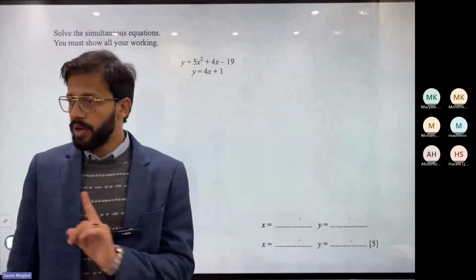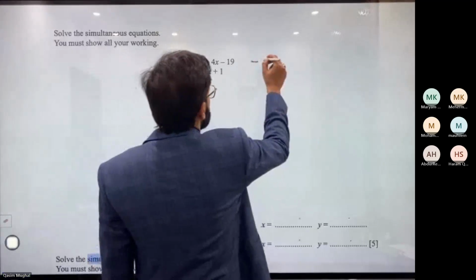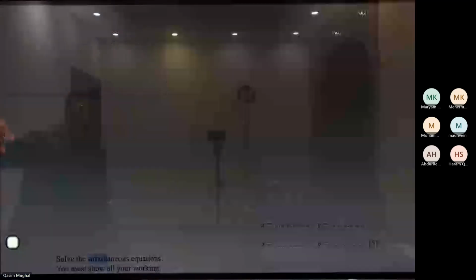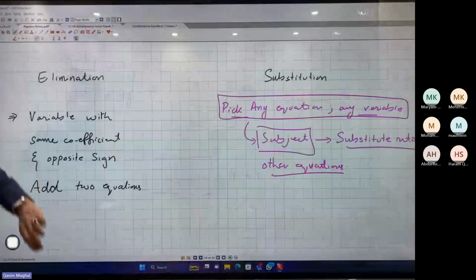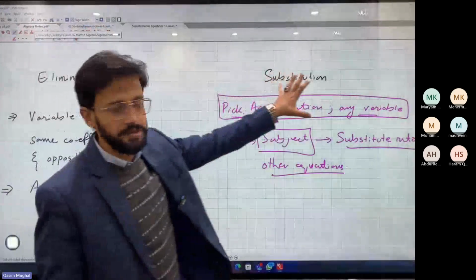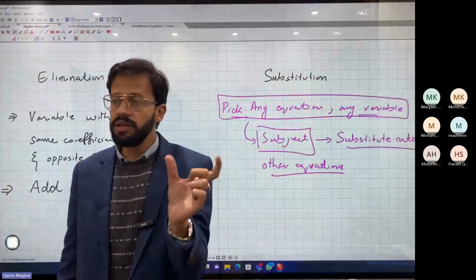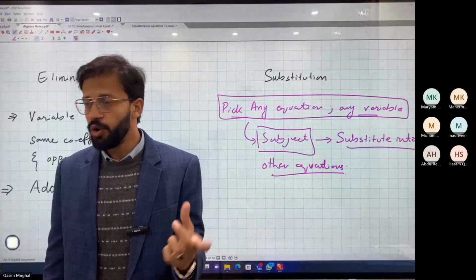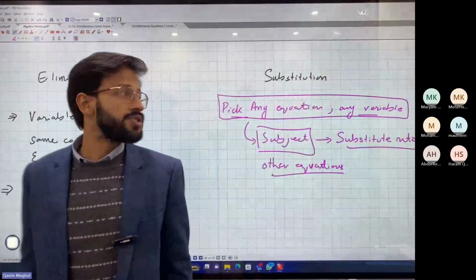Substitution. Remember, what are we doing? Substitution. Now, substitution method, if you recall, the key target, taking back to the notes, in substitution method, key target was to make a particular variable of your choice the subject of the equation. Only then we will be able to substitute into another equation.